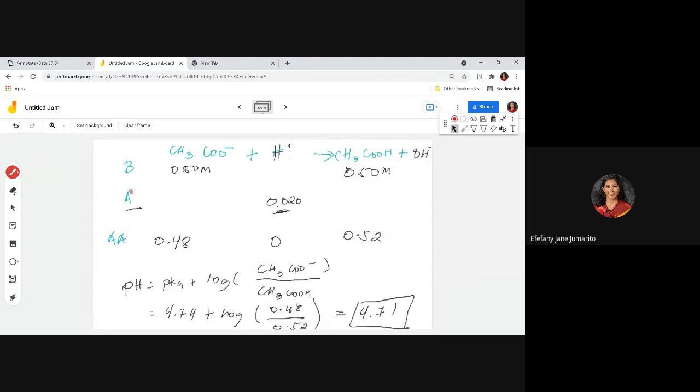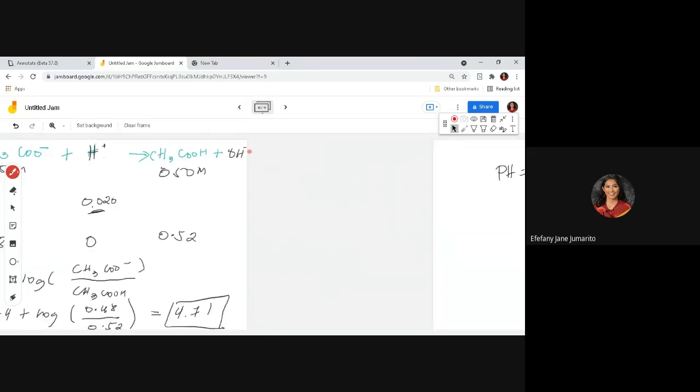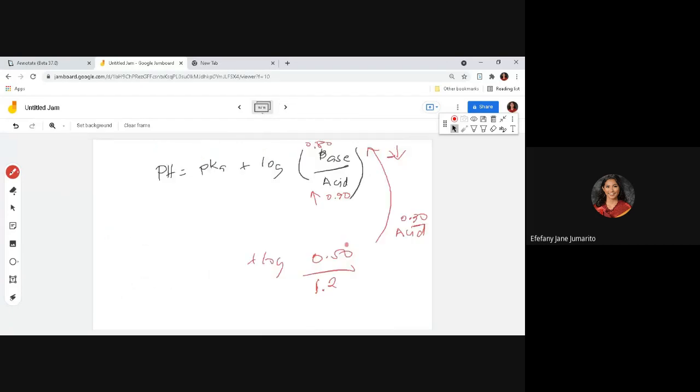So that's how, if you don't want to create the table. Again, if you have an acid, then it will react with the base. Since it reacts with the base, it will be consumed. That's why you subtract.